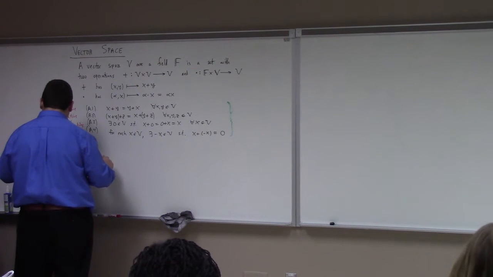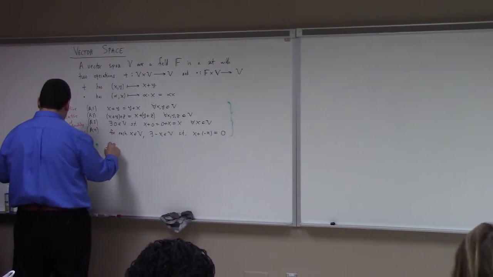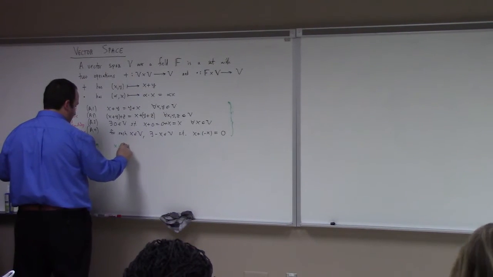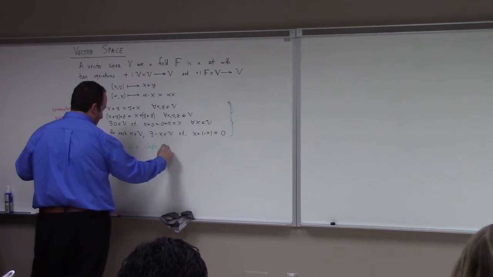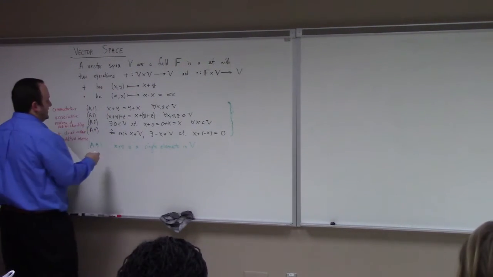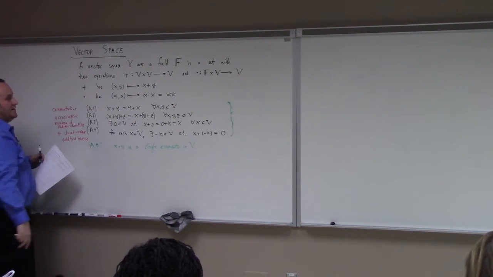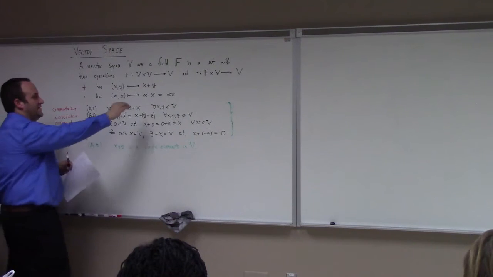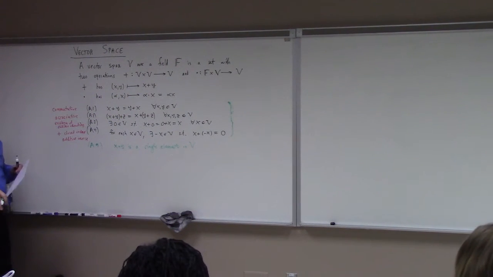Axiom 9 is that x plus y is a single element in V. In other words, axiom 9 is really saying that if I cross out operations and I write function there, addition is actually a function. It's a single valued assignment of a vector for each pair of vectors.